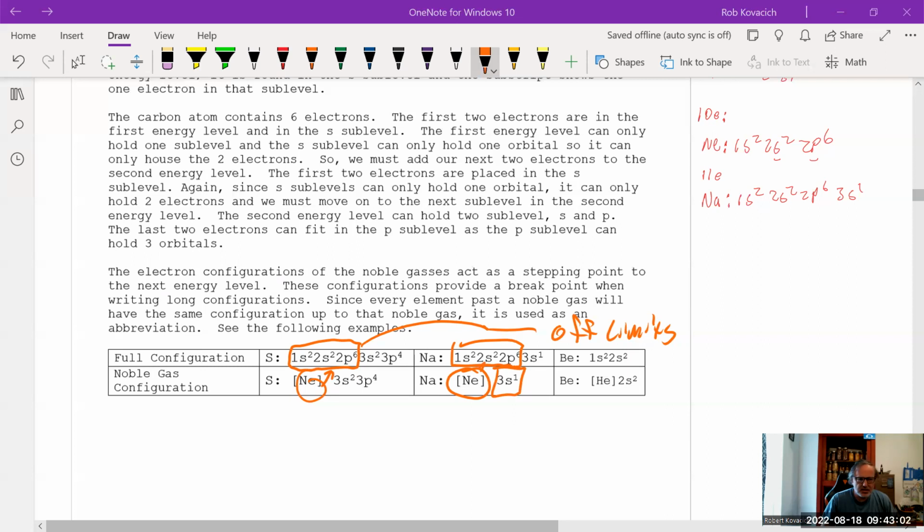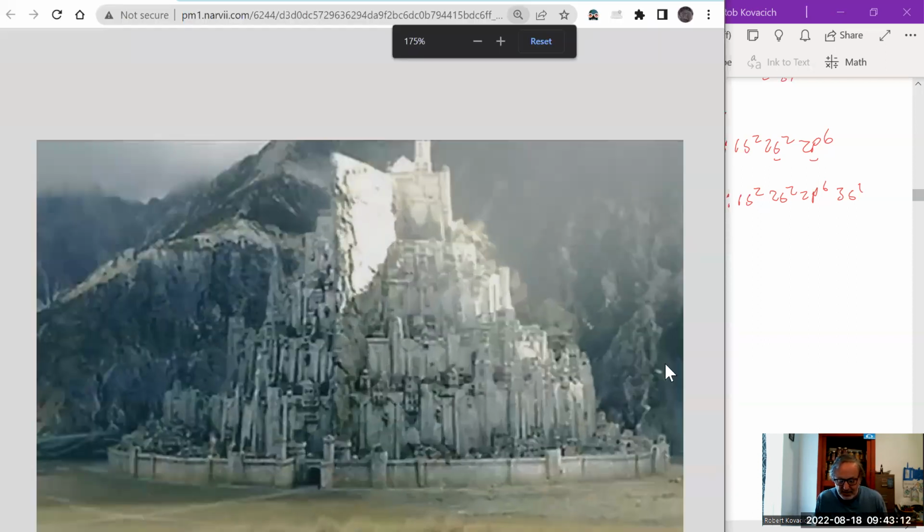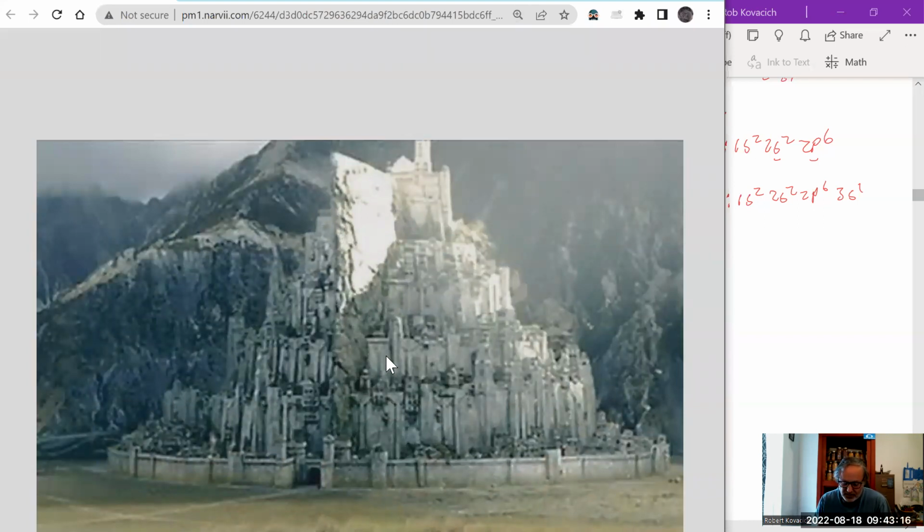So let me pull this picture, put that there. All right, so here's Minas Tirith. Yay. So what's so special about this city? It's got a wall, and then another wall, and another wall, and another wall, and another wall, and another wall, and then the king. So if you want to get to the king at the top, you have to break through each one of these walls in succession to arrive there.